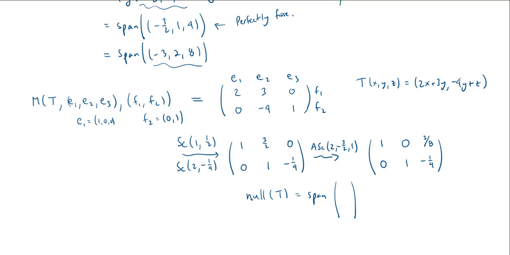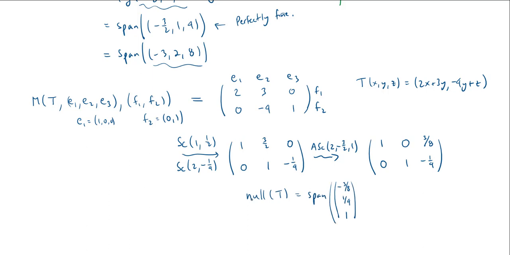And so what we do is, because the non-pivot column is the third column, we put a 1 down here in the third position. Then we take these other 2 pieces, and we put their negations in the top 2 positions, so negative 3/8 and positive 1/4.